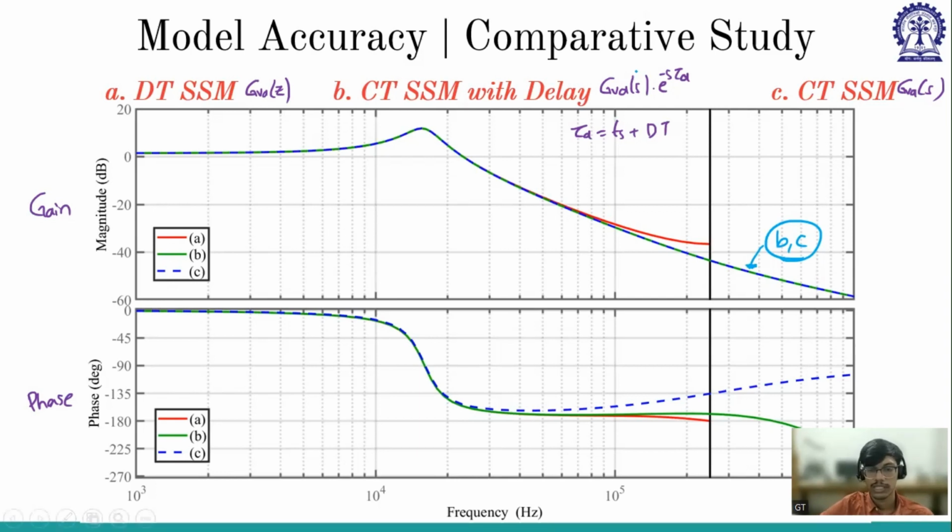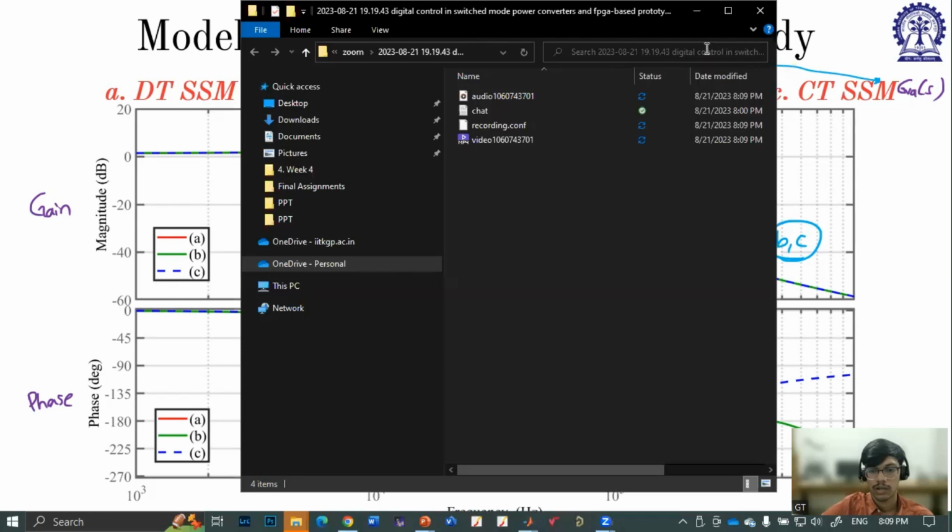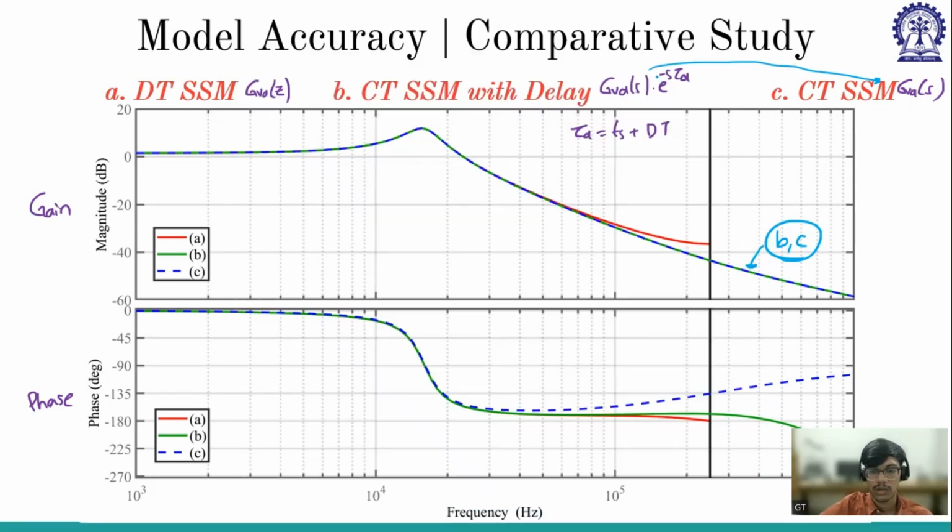They are GVD of S and GVD of S into e to the power minus S tau d, so they will only differ by phase. Magnitude will be the same, so that's why they are exactly matching, and this is our DT model.